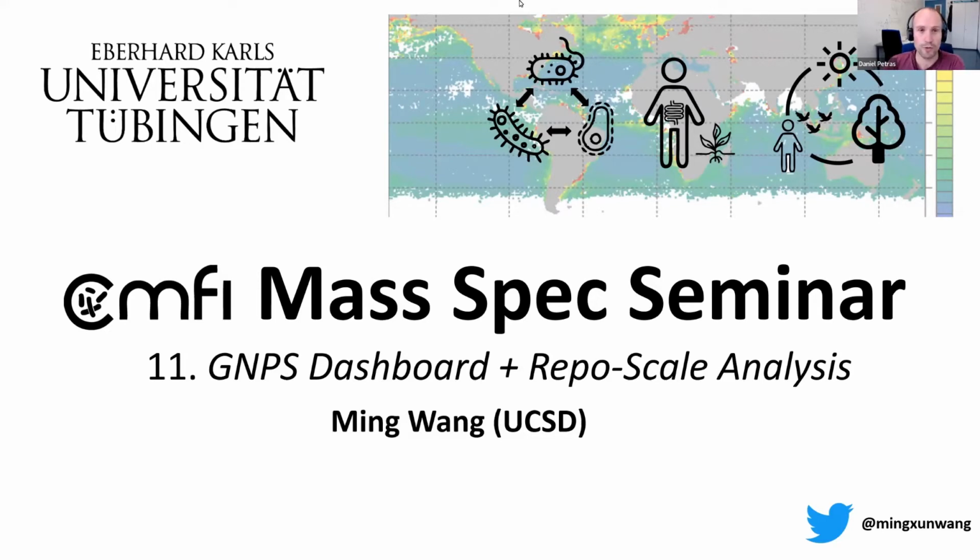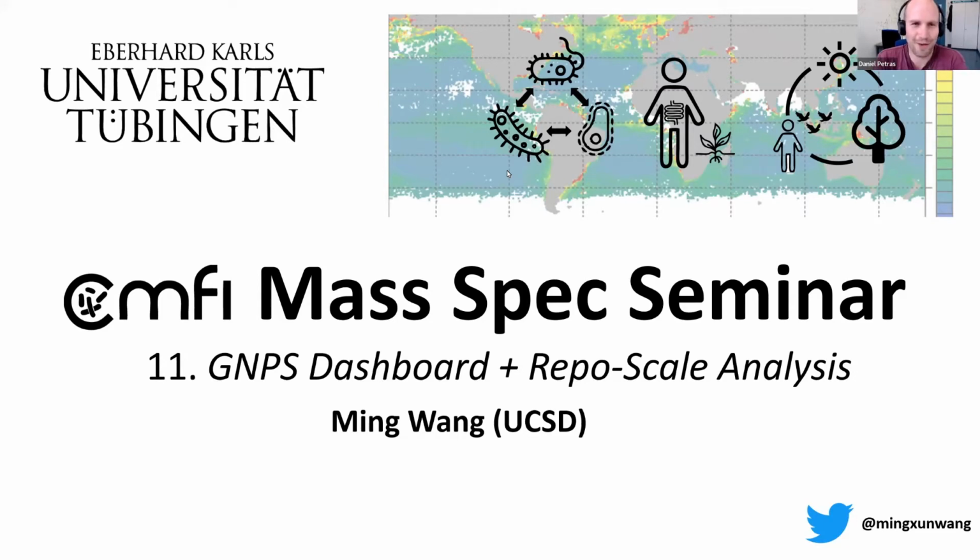For those of you who do not know Ming, Ming is basically the brain behind GNPS, who designed and maintains most of the software under the hood there. Ming did his undergrad in computer science at UC San Diego before he did a PhD in the group of Nuno Bandeira on computational mass spectrometry, mainly in proteomics at that time.